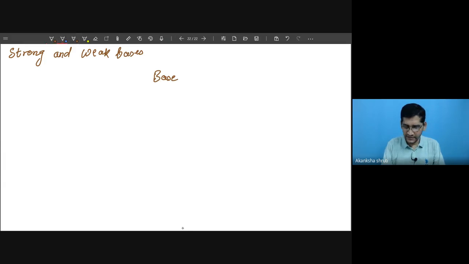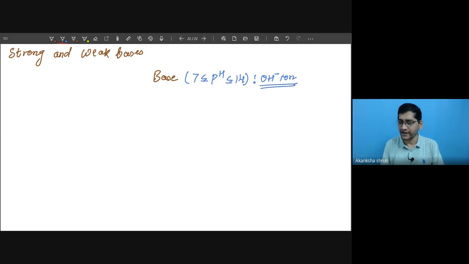For a base, the pH values vary from 7 up to 14. This is the pH scale that we will draw. Now, strength is measured in terms of OH minus ions. If more OH minus ions are given, then it is called a strong base. If lesser OH minus is there, then it is called a weak base.